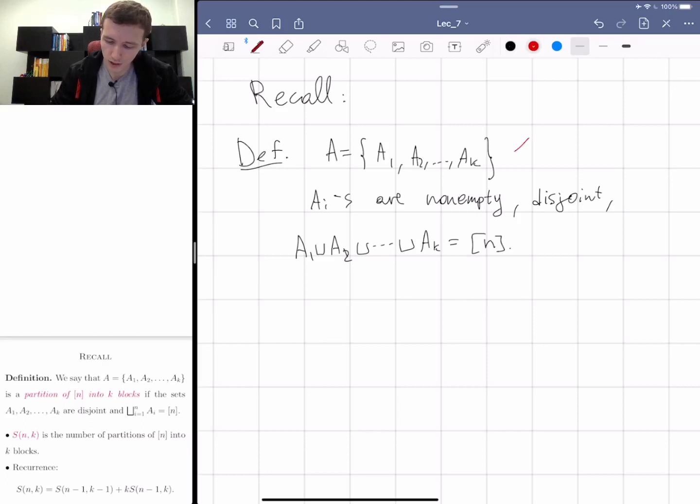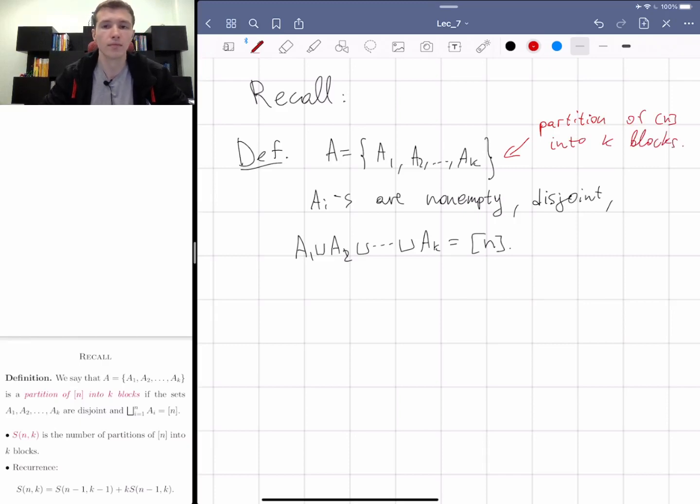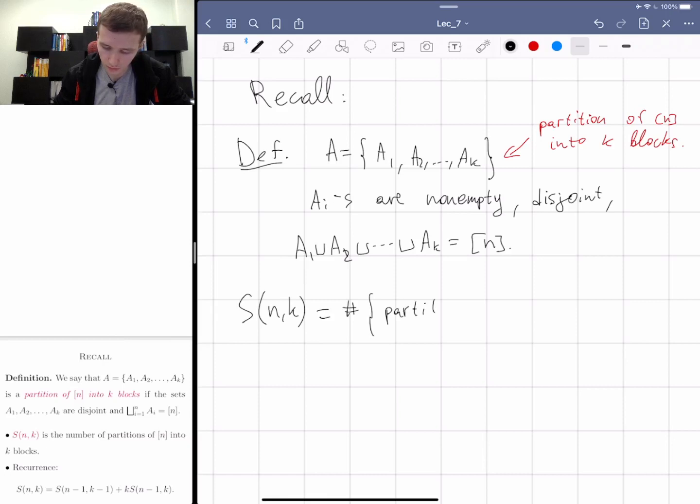Such objects are called partitions of [n] into k blocks, and S(n, k) is the number of such partitions of [n] into k blocks.